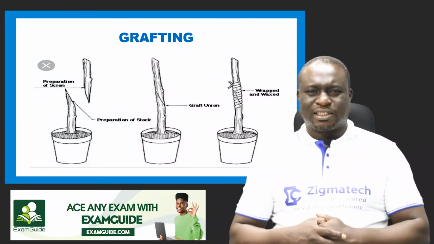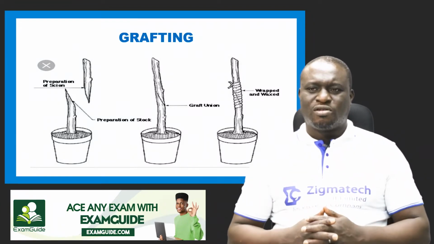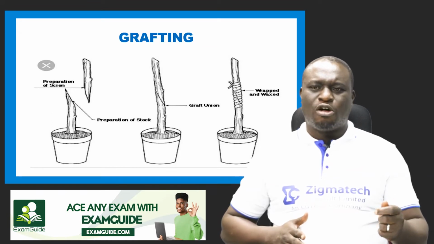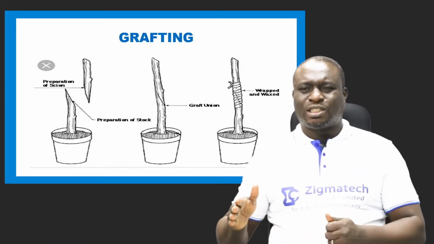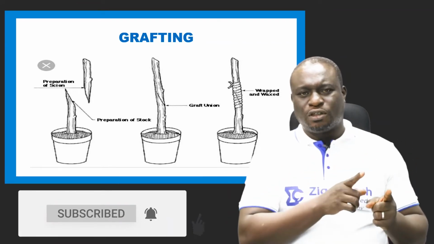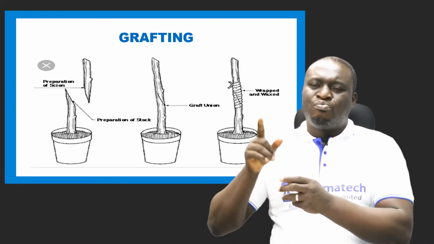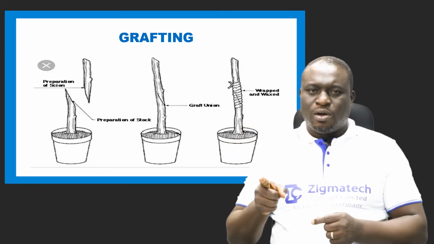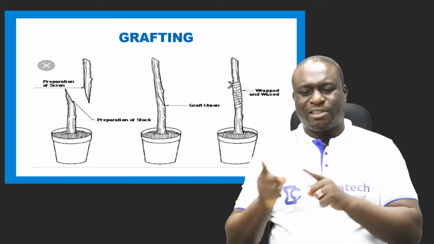Now, take a look at this. This is grafting. I can cut a part of a stem of one plant and do the same in another, then take the part from plant A that I have cut and attach it to plant B. We call that process grafting.